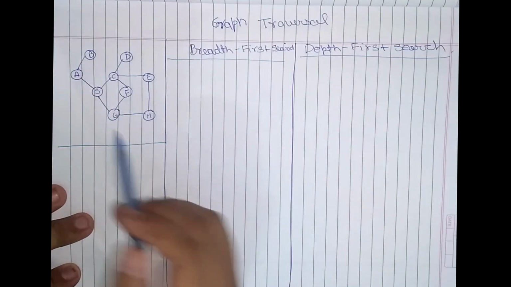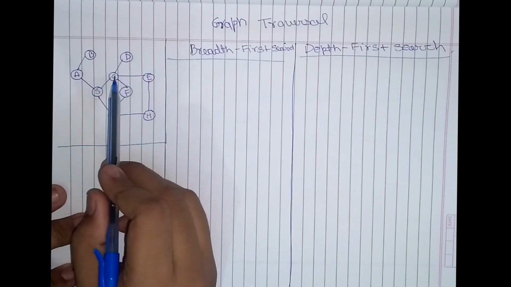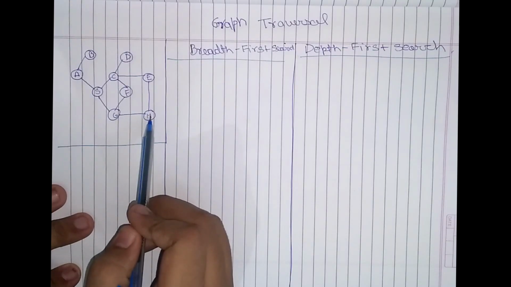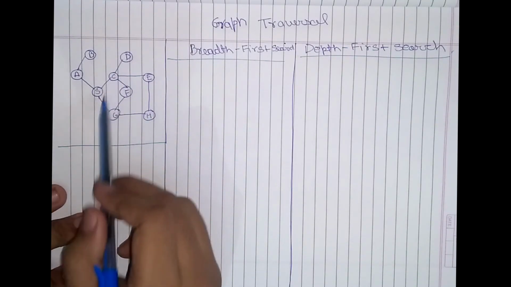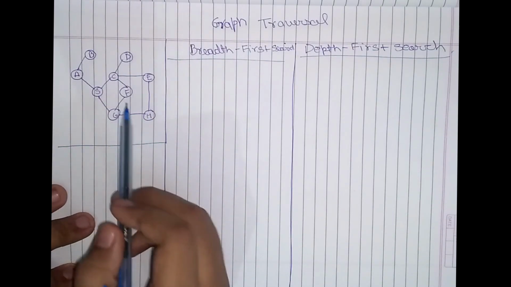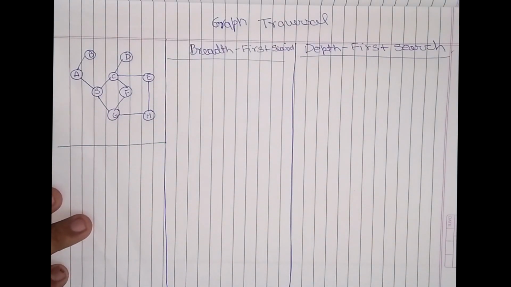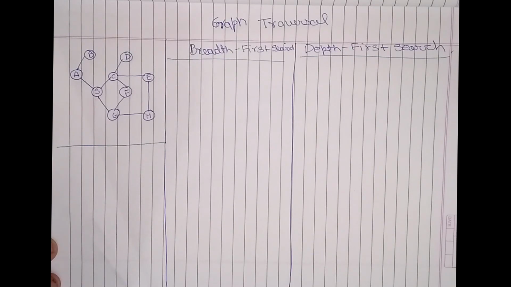It depends. We can go S, C, E, G, H and G, or we can go S, C, G and then F. So it becomes really tough, and we need some methods to make it easy for us to traverse the graph and make it generalized.